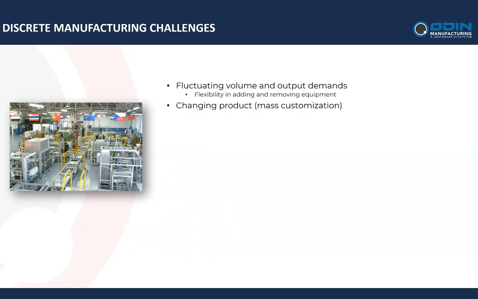Another element discrete manufacturers are challenged with is this complexity in the product. So as end customers want more unique and customized products, the concept of mass customization, as I illustrated with the vehicle, every vehicle is actually different. This is stemming and moving down to different products, medical devices, agricultural equipment, are all becoming specific and unique to a particular customer.